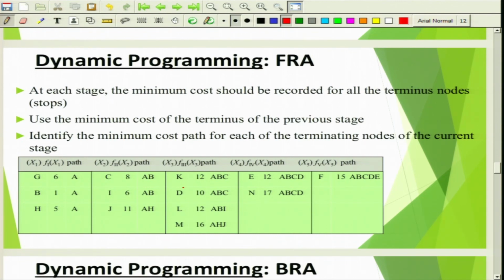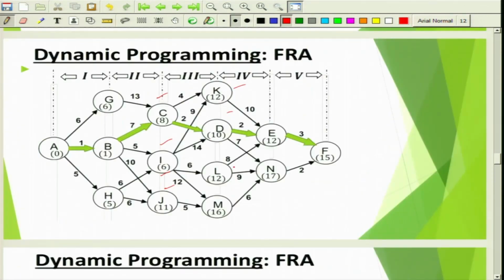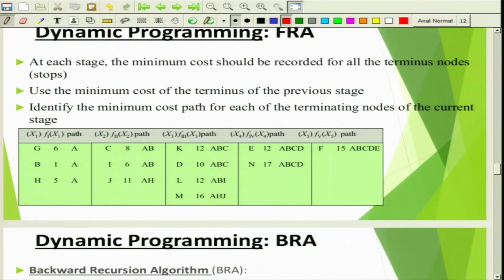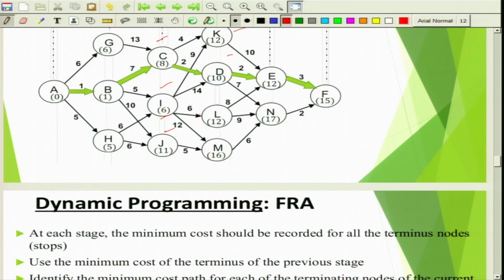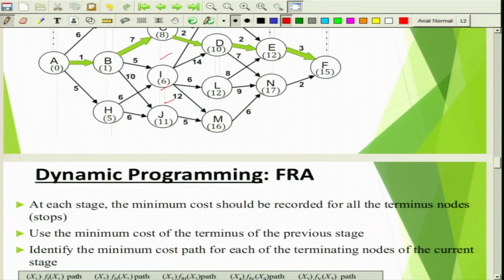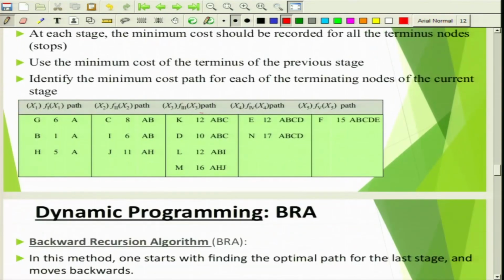And to reach D, you have chosen that the path ABC is the most minimal one, right? From point C, it takes 1 plus 7 plus 2, which comes out to be 10, right? And to reach point L, you need to take the path A, B and I, and that comes out to be 12.